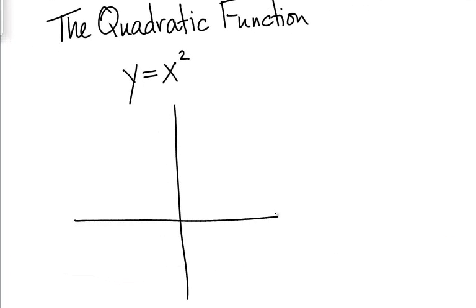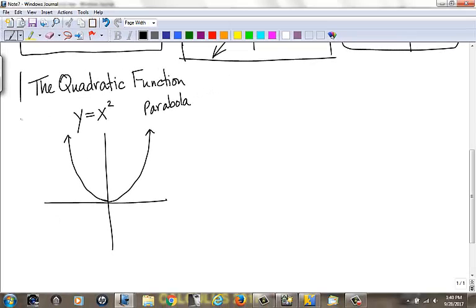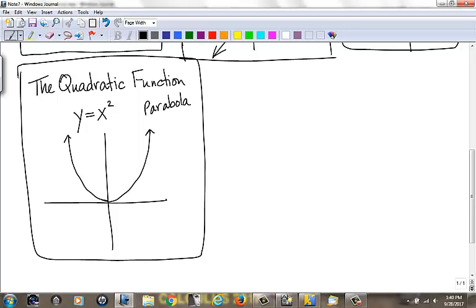For any quadratic, you can make a table of ordered pairs. If you graph that quadratic function, it's always going to end up being a curve that looks like this. It's called a parabola. We'll get into that more when we do the conic sections. The y equals x squared is the quadratic function.